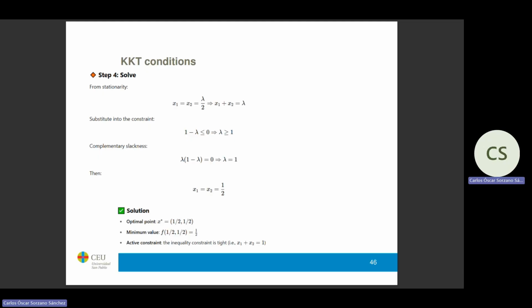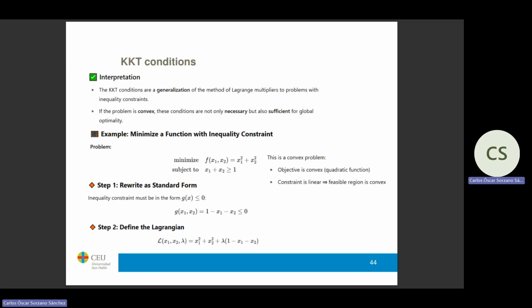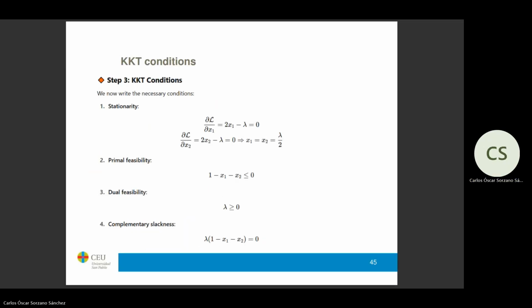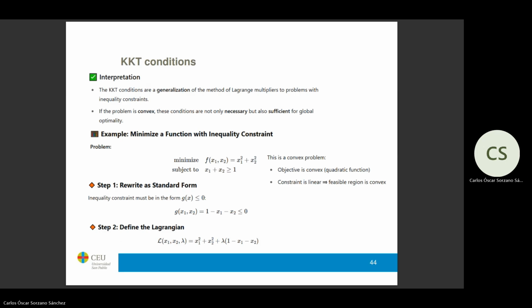The minimum value there is 1 half. Again, you have to substitute into the function. And then we may check what happens with the constraint. The constraint is x1 plus x2 larger or equal to 1.